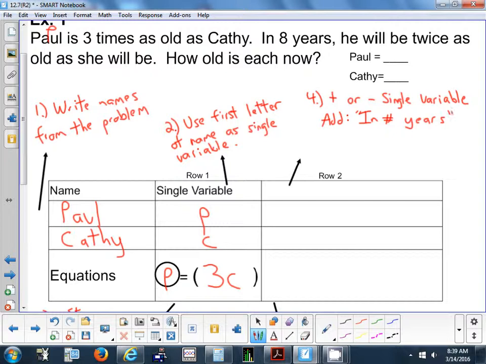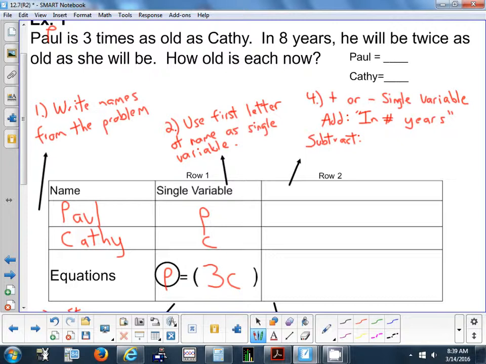We'll add if it says in a number of years: in 2 years, in 5 years, in 6 years. If it says that, we'll take the single variable that we have for that person and add a number to it.